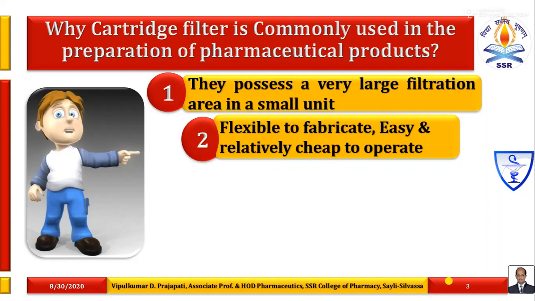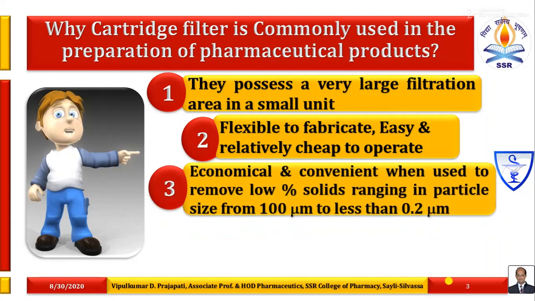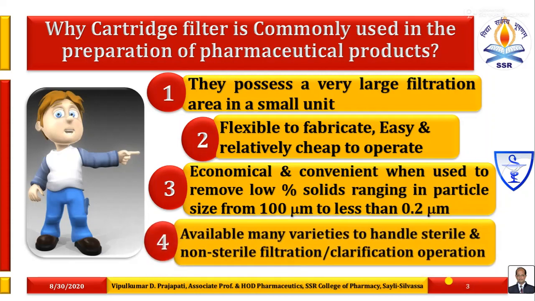They are flexible to fabricate, easy and relatively cheap to operate, as well as economical and convenient when used to remove low percentage solids ranging in particle size from 100 micrometer to less than 0.2 micrometer, and available in many varieties to handle sterile as well as non-sterile filtration and clarification operation.